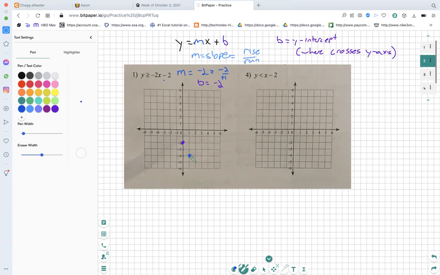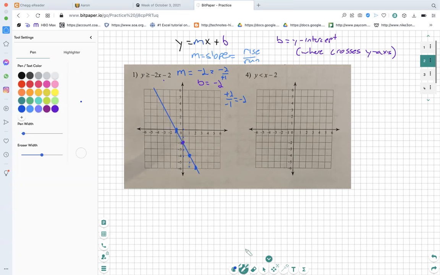Now, if I want to go left, I have to do the opposite. Treat it as +2 over -1, because that's still equal to -2. So I'll go up 2, left 1, right? Makes sense, hopefully. Let me just draw a line.